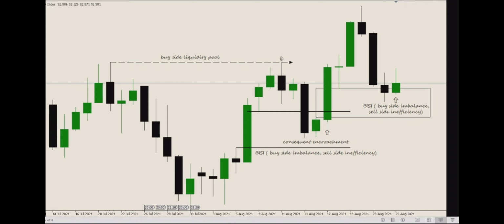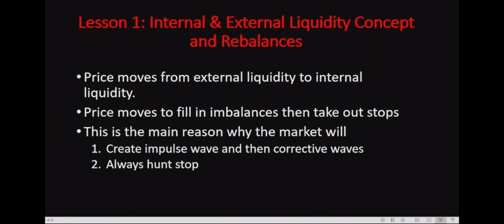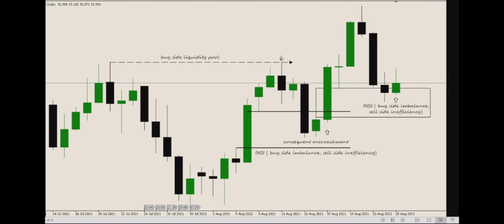So we expect price to come fill up that internal liquidity before buying to the external liquidity. Now, in my presentation, I said that price moves from external liquidity to internal liquidity. But right here, you can see that it can happen both ways.